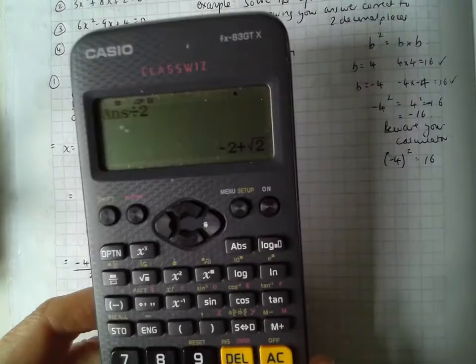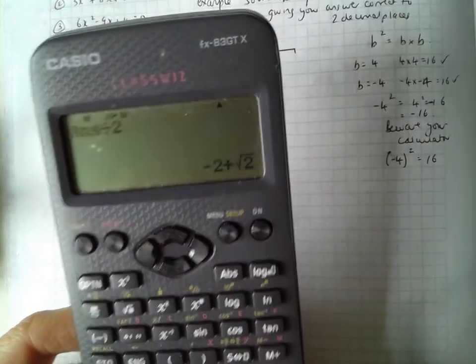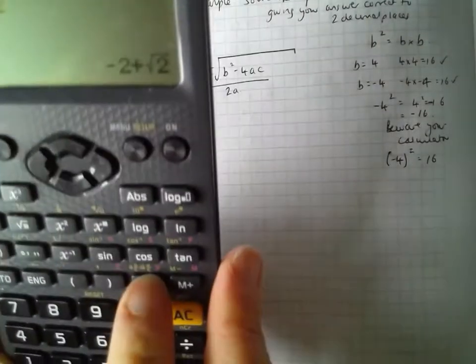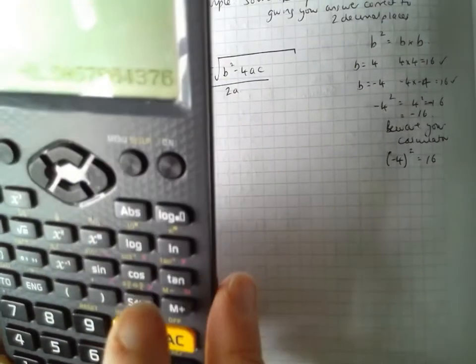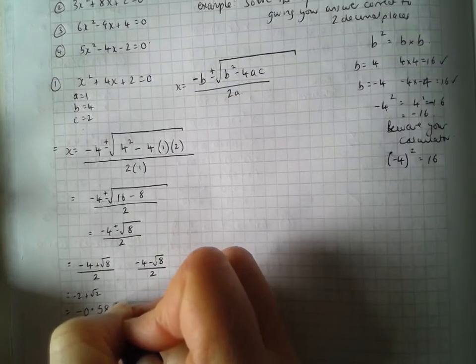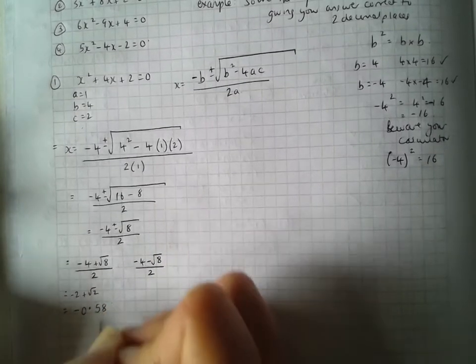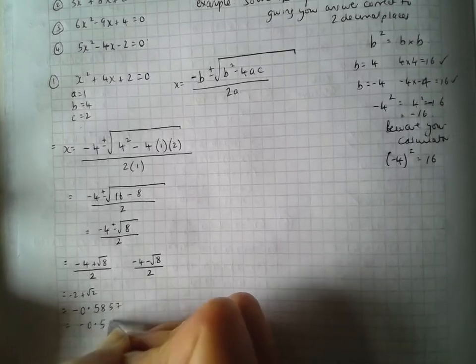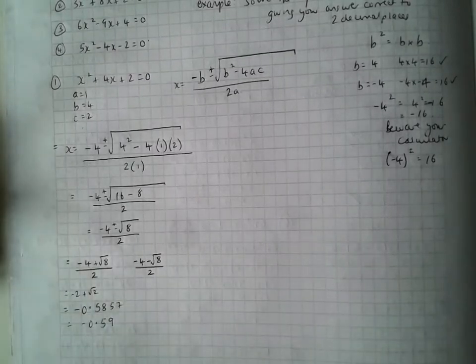It'll give it to you in surd form, minus 2 plus root 2, but you'll probably in general have to give it as a decimal, so you press the SD button here, and it tells me the answer is minus 0.5857, which, rounding it off to 2 decimal places as they tell me to, is minus 0.59.